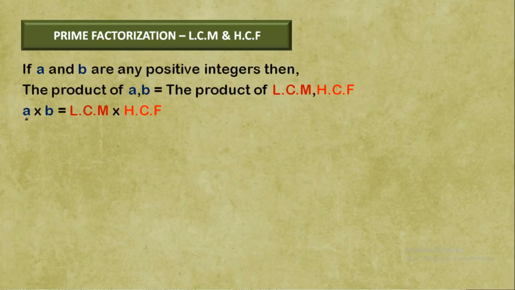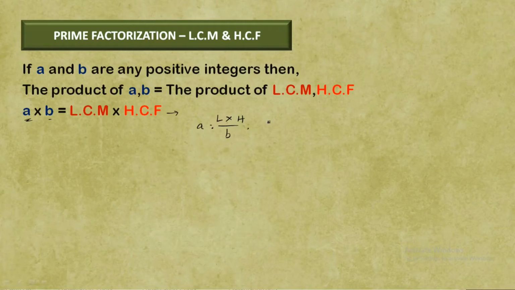This is the first positive number, and this is the second one, and the product of these two numbers is equal to the product of the LCM and HCF of those two numbers. This is a very good result by which we can find either of the unknown values. If we don't know A, we can divide LCM into HCF by B, then we will get A.